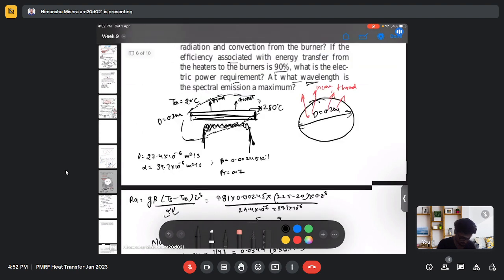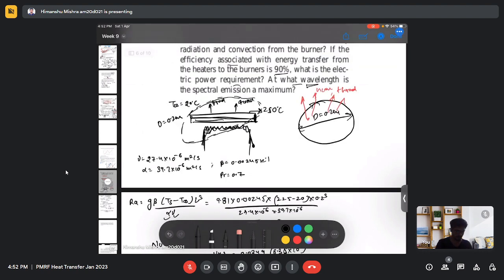So here in this question, we have a problem where my surface temperature and my ambient temperature are given, and there is heat transfer due to convection and radiation. We are asked to find the total heat transfer and the maximum wavelength due to the radiation emitted. For the total heat transfer, we separately find the convection and radiation heat transfer.